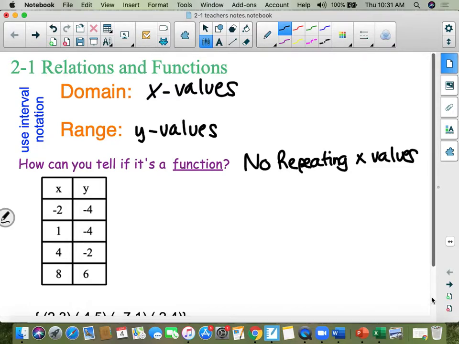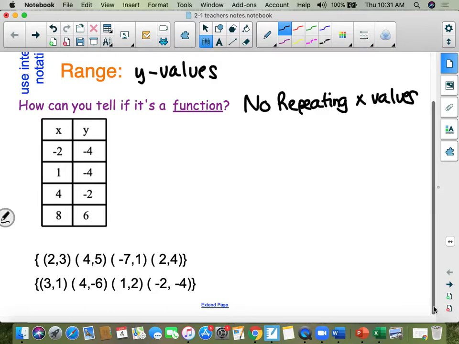So these three problems, if you look at a chart, a table, and if you don't like the table, you can write it as an ordered pair. But this is yes. This is a function. How do I know that it's a function? I can look at my x values, and they're not repeating.